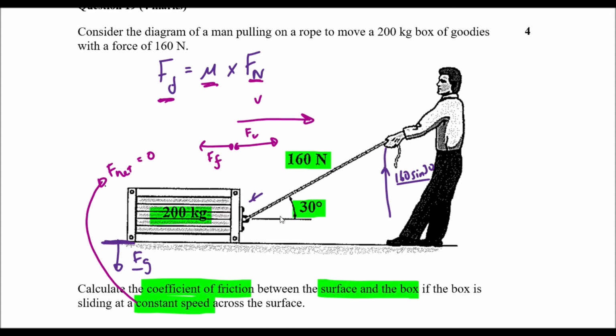So if I find the horizontal component of dragging this box towards the right, then the assumption I can make is that it is also the friction force, because I am traveling at a constant speed. Hence, net force would have to be 0. So when these two add together, I should get a value equal to 0.